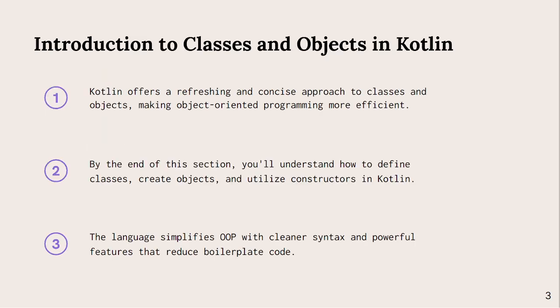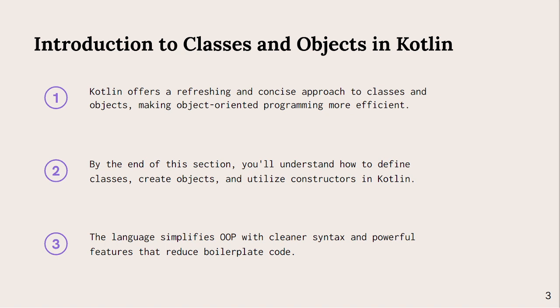Okay, so for classes and objects in Kotlin, basically they are the same as in the other OOP languages, right? A class could be considered as the data type of an object.